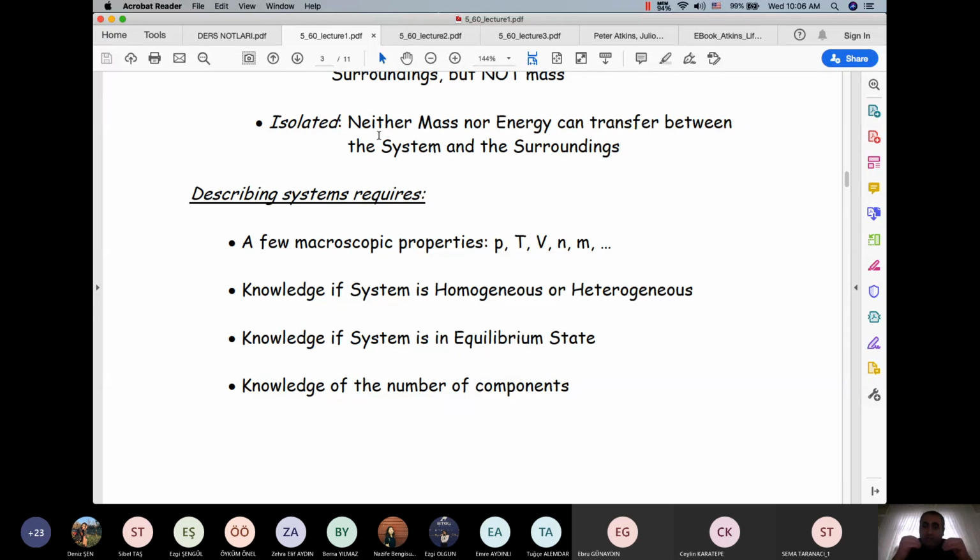So it is going to be really hard to give any macroscopic property that will be the same all over the container, right? That's why it's very important to know whether the system is in equilibrium or not.